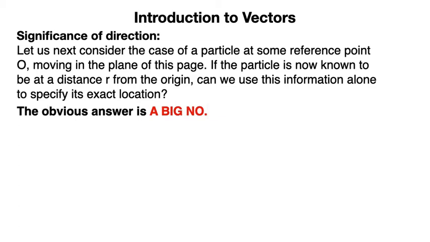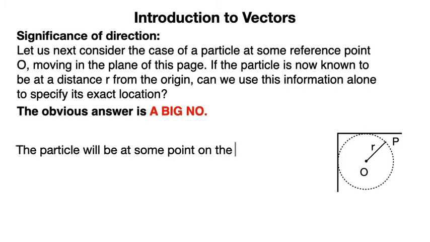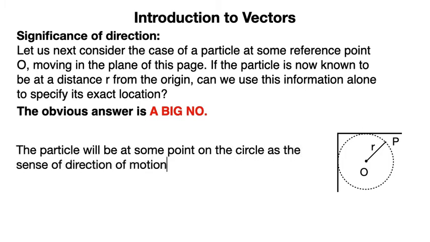We cannot spot the particle in its final position because if the particle was at O and now at a distance r, it can be anywhere on the circumference of the circle with radius r. That is, the exact position of the particle cannot be determined if we do not know the sense of direction of motion of the particle.